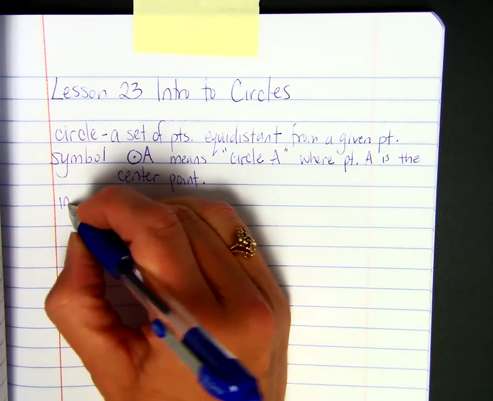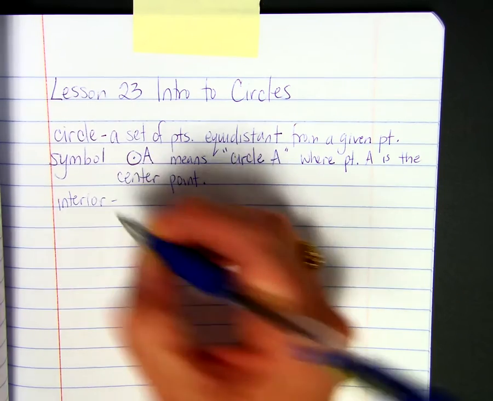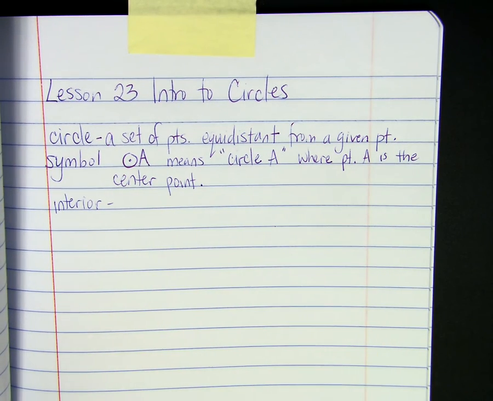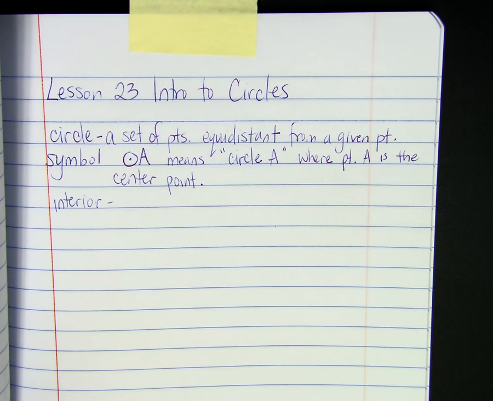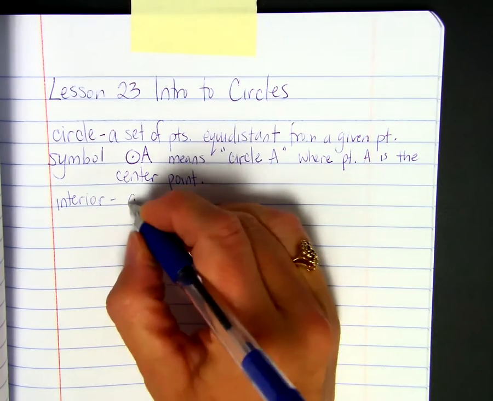The interior is all the points on the interior of the circle, so those are all the points within the circle.